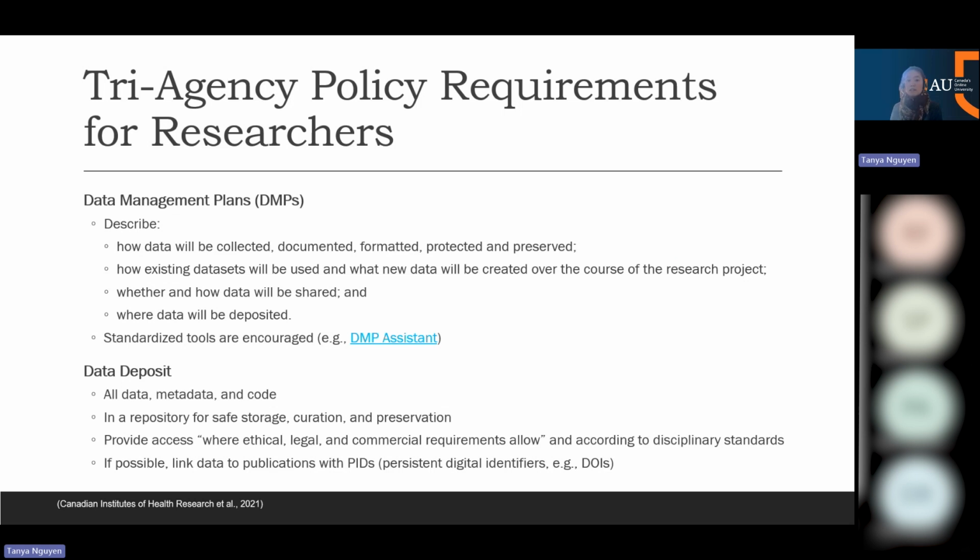And the idea is that access to that data will be provided where ethical, legal, and commercial requirements allow. So if you have a research partner or have human participants who have not consented to sharing their data, you are not expected to share that data in a repository, for example.